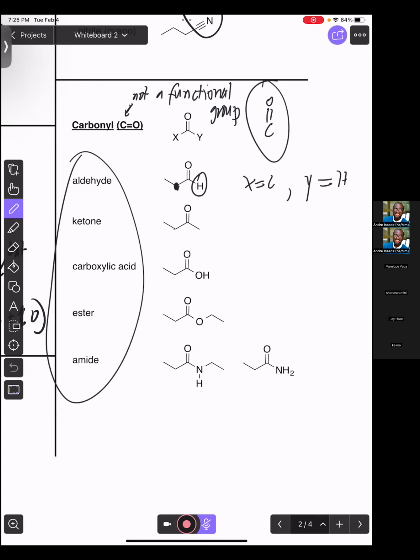A ketone, you need a carbon on one side and a carbon on the other side. So if X equals C and Y equals C, we call that a ketone. A carboxylic acid, you already know this one, right? If X equals C and Y equals OH, then that is a carboxylic acid.